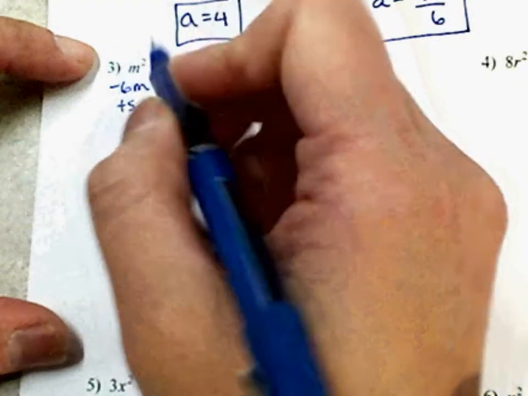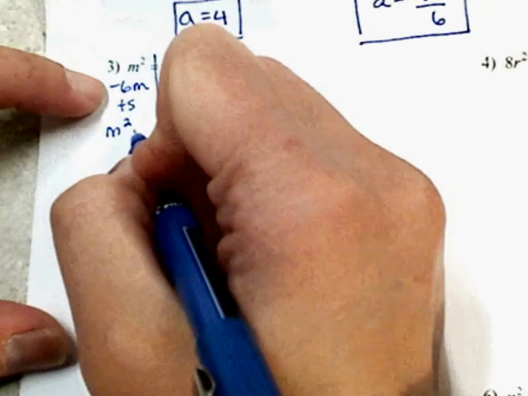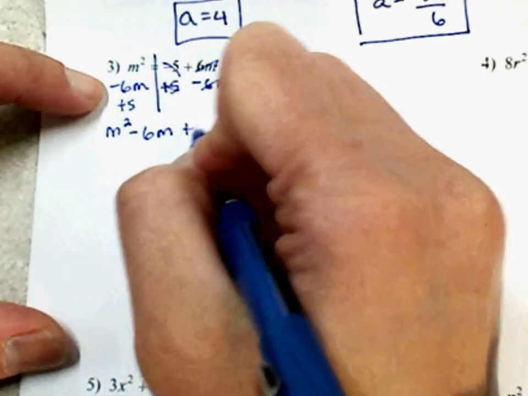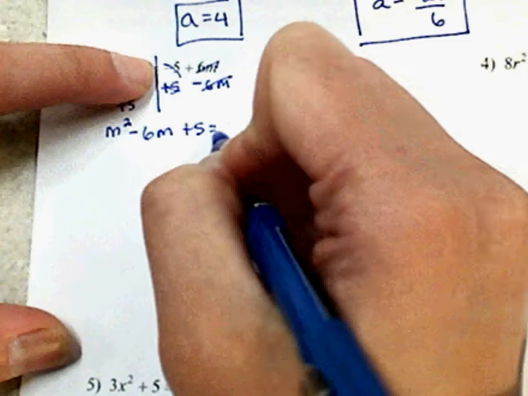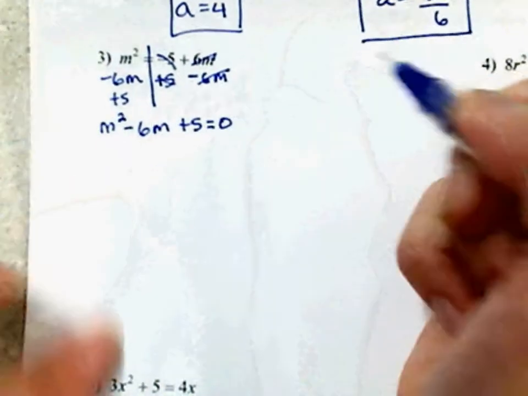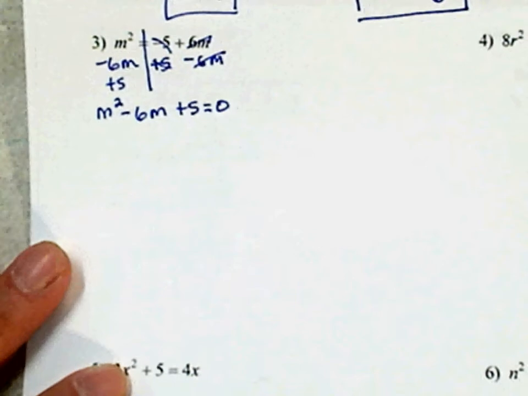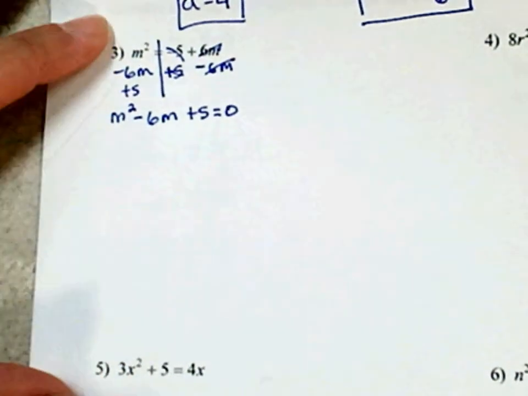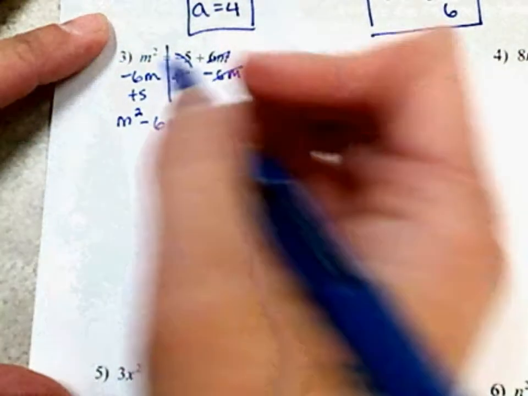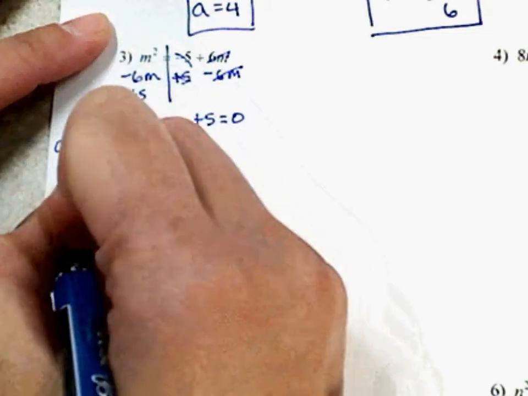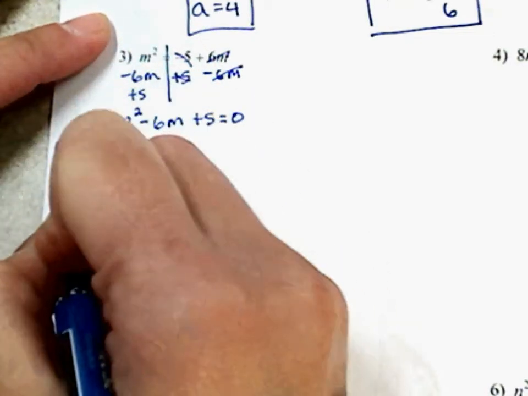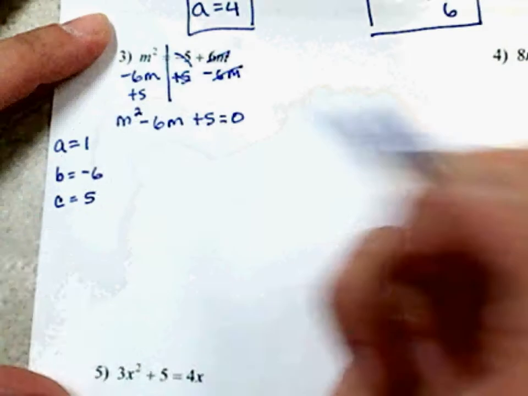M squared minus 6m plus 5 equals, I have nothing left, so I put a 0 in that place. Once you have that, let's look at your A, your B, and your C. A is 1, B is negative 6, and C is 5. That's what you're going to use to help you.